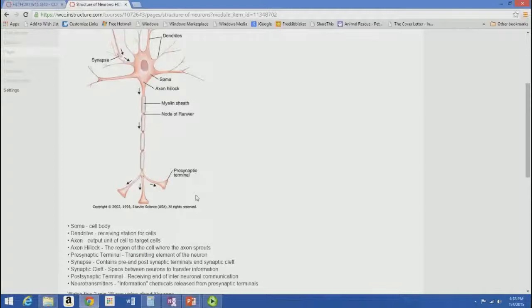The presynaptic terminal is on the first neuron, the postsynaptic terminal is on the second neuron, and the space between the two of them is called the synaptic cleft. That's where the information gets transferred by neurotransmitters. The postsynaptic terminal is the receiving end of an interneuronal communication, on the second neuron in the chain. Neurotransmitters are our information chemicals that are released from those presynaptic terminals.